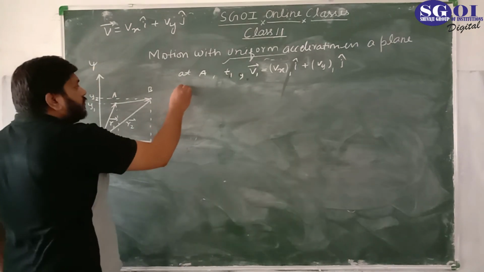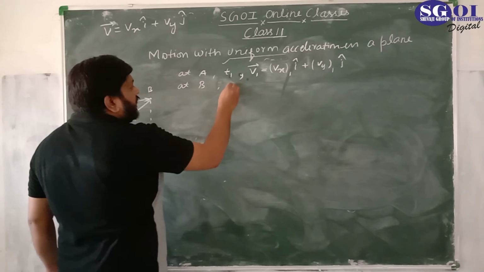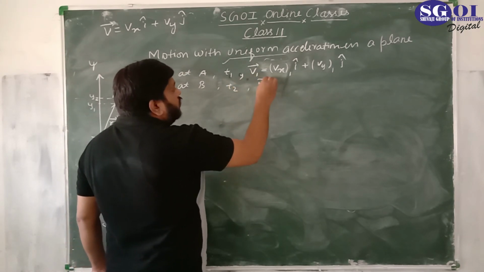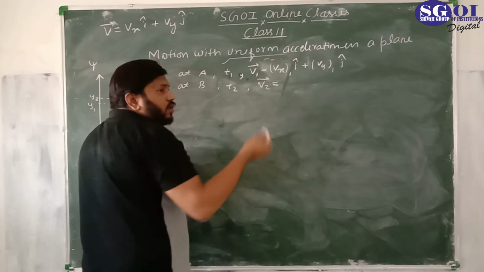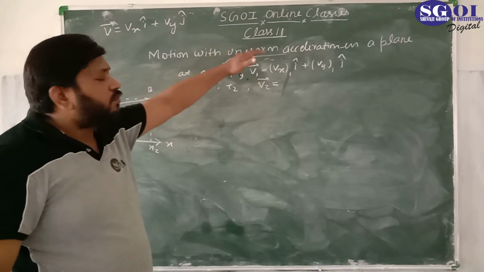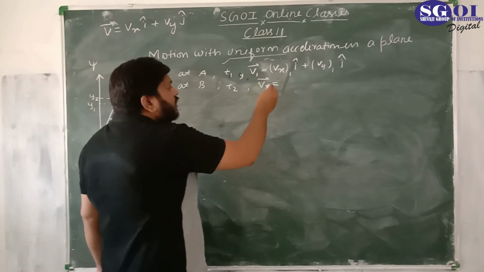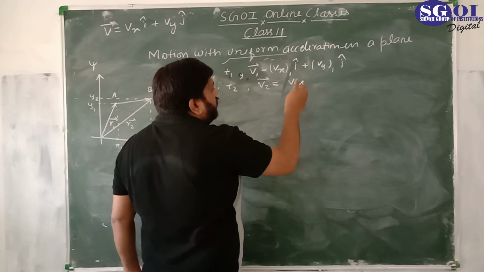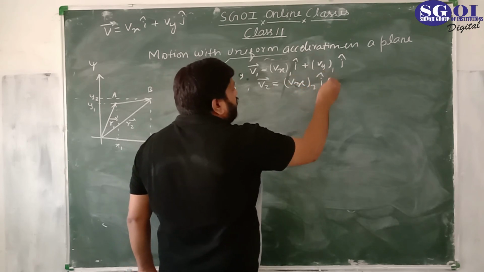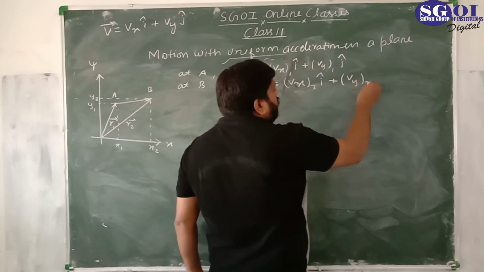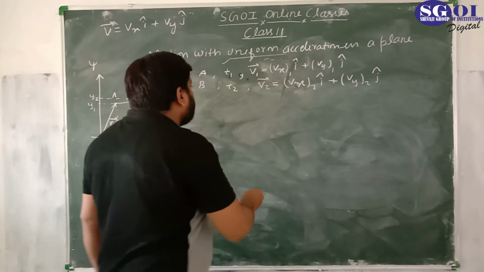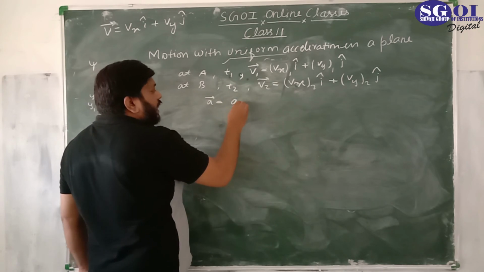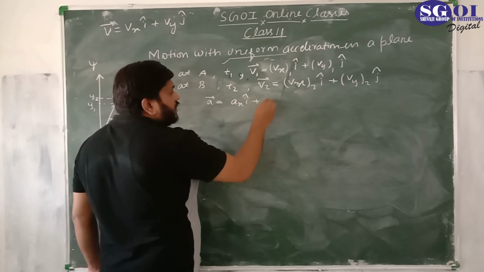And at B the time is, let's say, t2, and the velocity is v2, because velocity would change when it is moving with uniformly accelerated motion. So v2 is equal to vx2 i plus vy2 j, and the acceleration vector a is equal to ax i plus ay j.